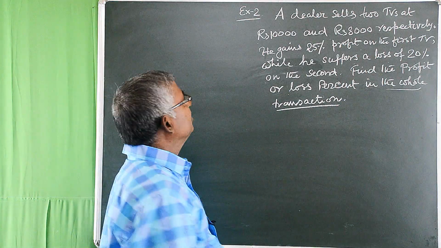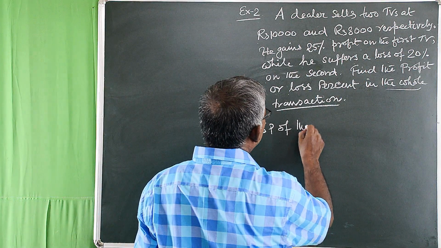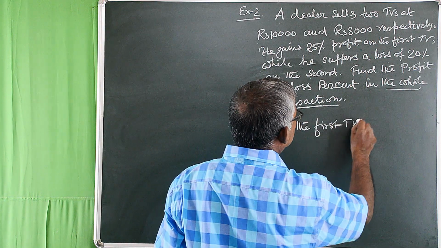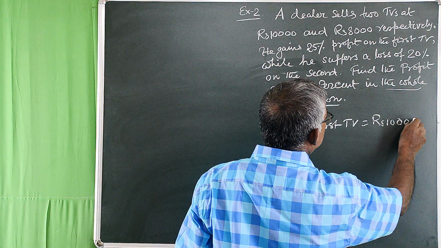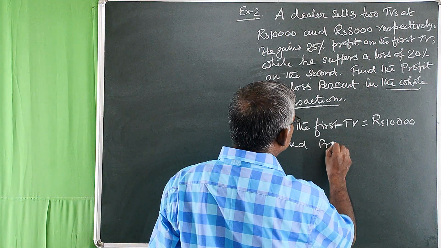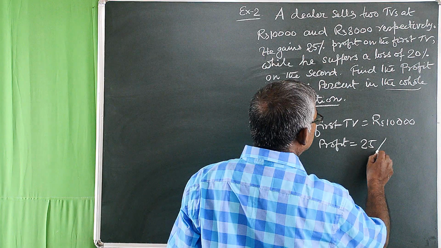Students, here given that the selling price of the first TV equals rupees 10,000 and profit equals 25%.